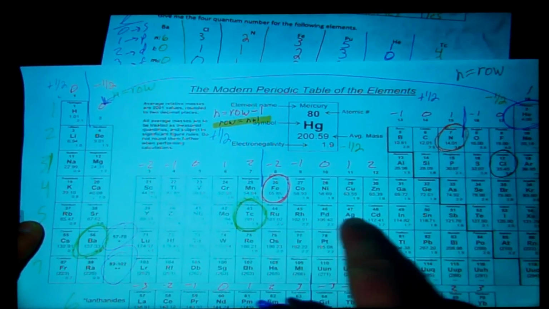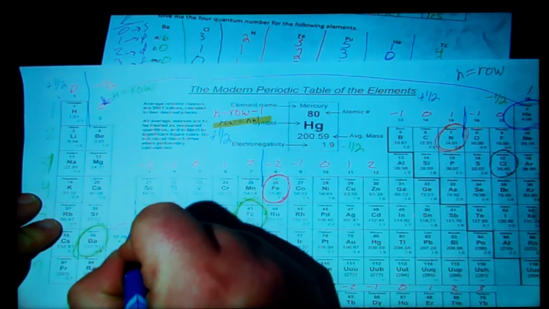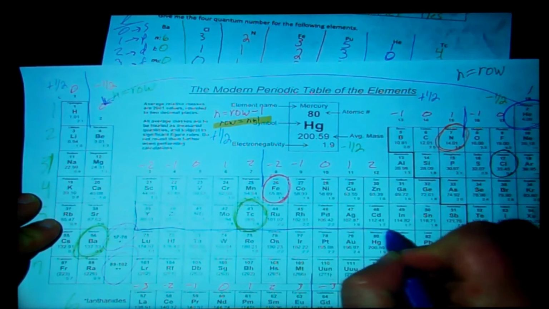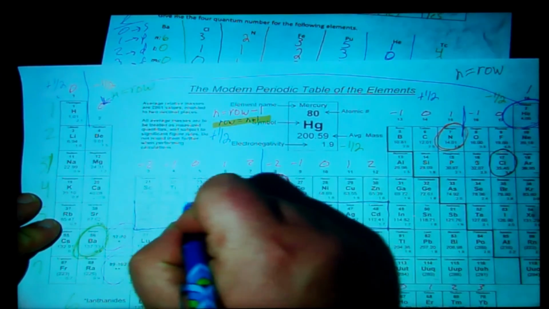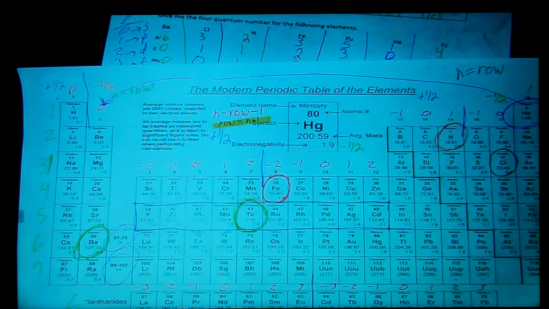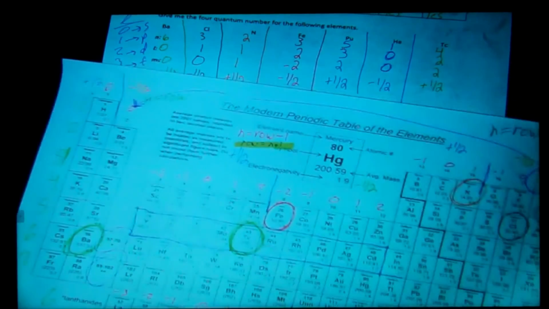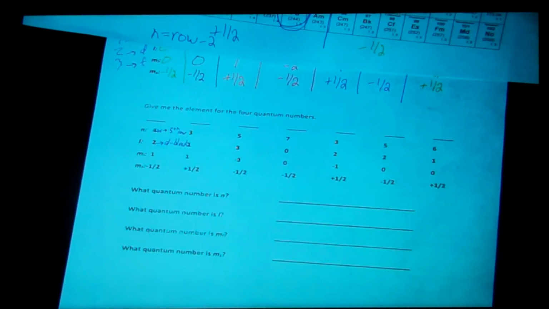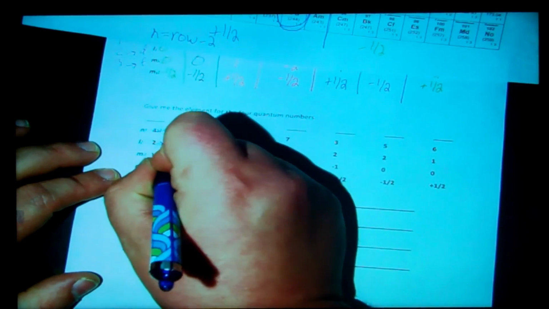So here's all these. So this is what I've done. I've narrowed it down to these right here. Oh, sorry, went a little far. I now have it narrowed down to those 10. To narrow it down even farther, what we're going to do now is look at M sub L. M sub L is 1. So that tells me this is either the 6th or the 11th column.